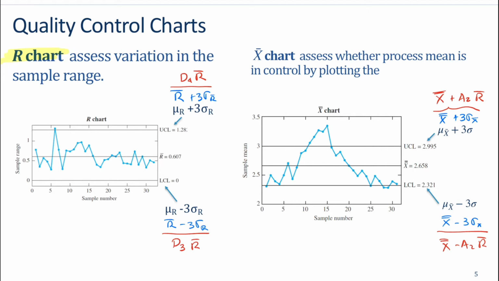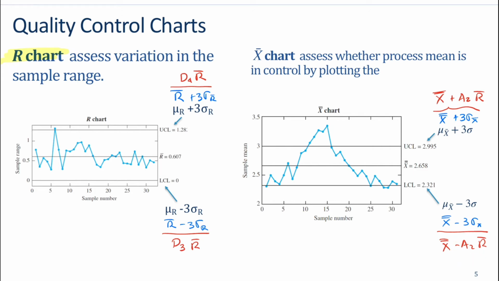The lower control limit, which is the mean of x bar minus 3 times sigma, is approximated with x double bar minus 3 sigma x, and 3 sigma x is approximated with A2 multiplied by R bar.